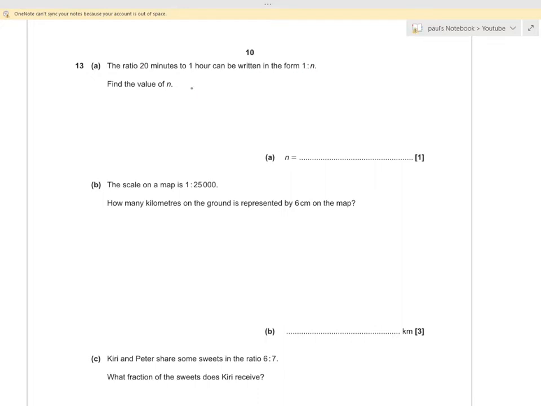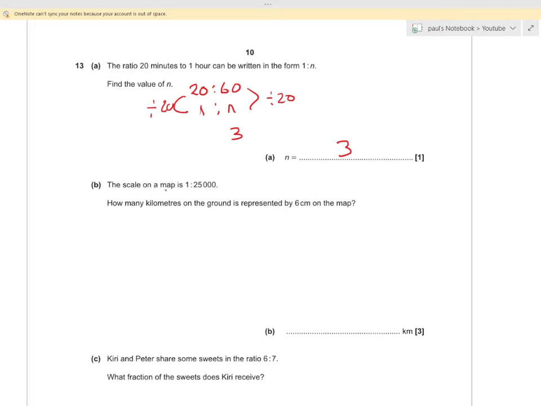Find the value of n. 20 minutes to 1 hour. So 20 minutes, we'll call that 60 for 1 hour, yeah? And in the form of 1 to n, so divide by 20 to get to 1, divide by 20 to get 3. So n equals 3.